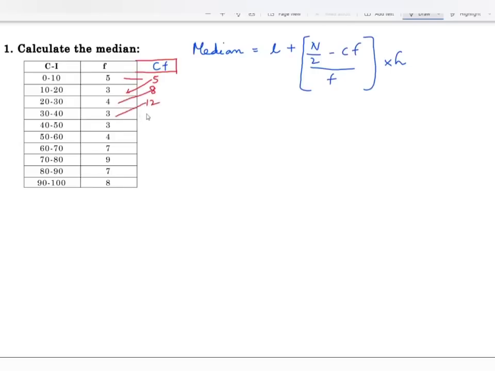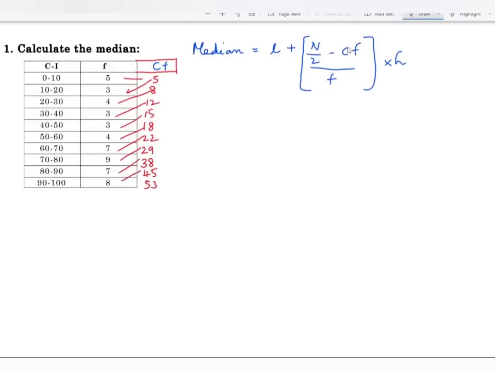Next 12 plus 3, 15. Next 15 plus 3, 18. 18 plus 4, 22. Next 22 plus 7 is 29. 29 plus 9 is 38. 38 plus 7 is 45. 45 plus 8 is 53.